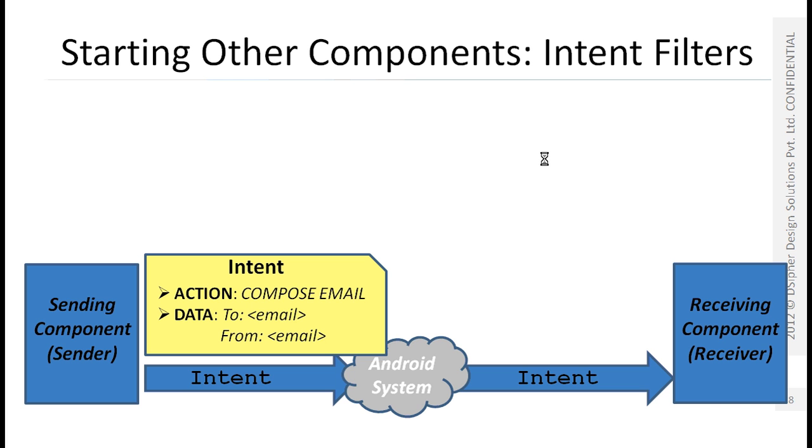So what will the Android system actually do? The Android system will identify the compatible applications which can be used to open this web page. In other words, it will search for the browsers installed in your Android system.